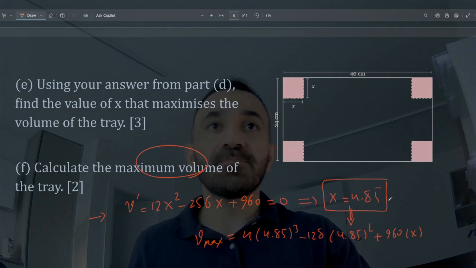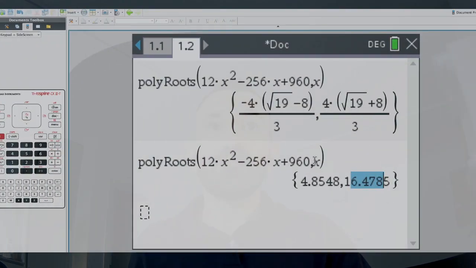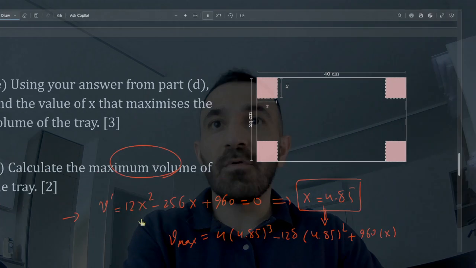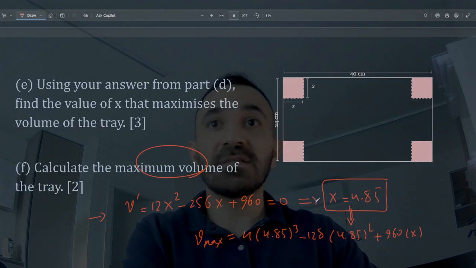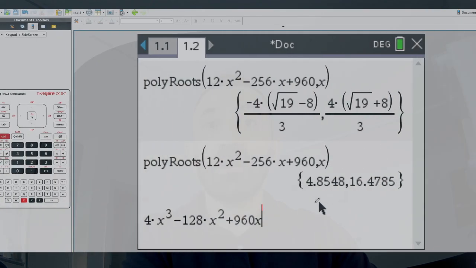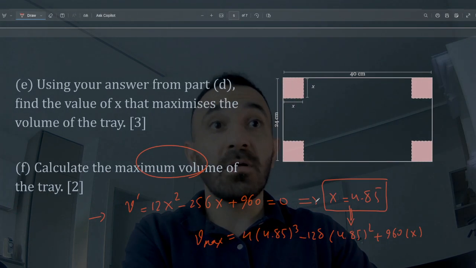Maybe yes. Let me do it here to find the maximum value. So 4x to the power of 3 minus 128x to the power of 2 plus 960x.